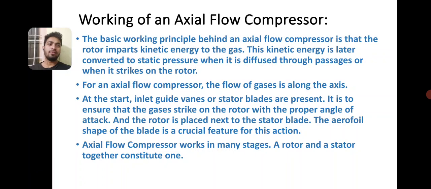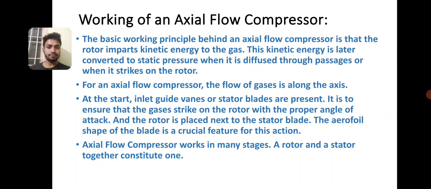Working of an axial flow compressor. The basic working principle behind an axial flow compressor is that the rotor imparts kinetic energy to the gas. This kinetic energy is later converted to static pressure when it is diffused through passages. For an axial flow compressor, the flow of gases is along the axis.